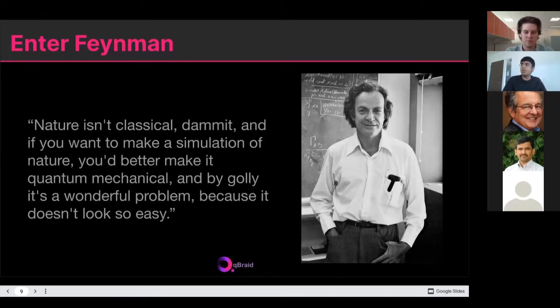So he was the first one to propose, you know what? He said, the reason you're having this problem where you end up requiring exponential resources is because the rules that govern nature are quantum mechanical. So in quantum mechanics, when you put together two or more particles, the resources required even to represent the state of the particles grow exponentially, right?